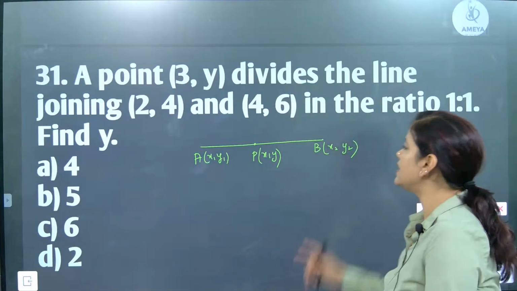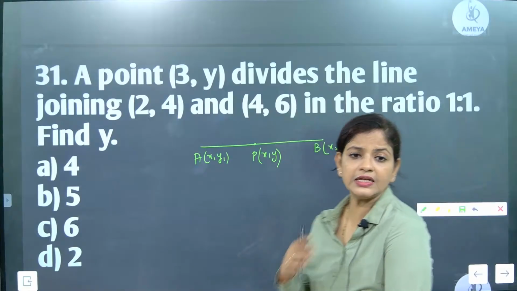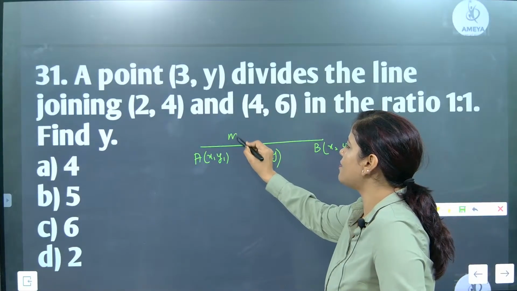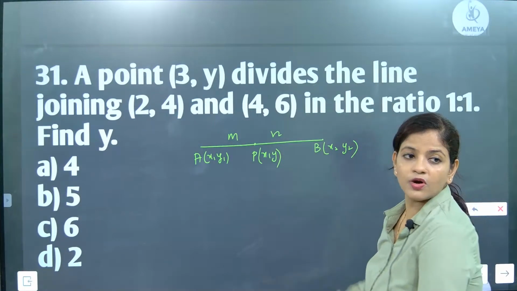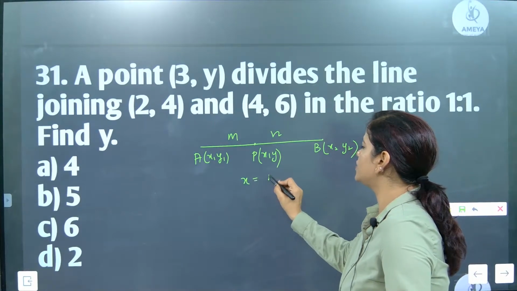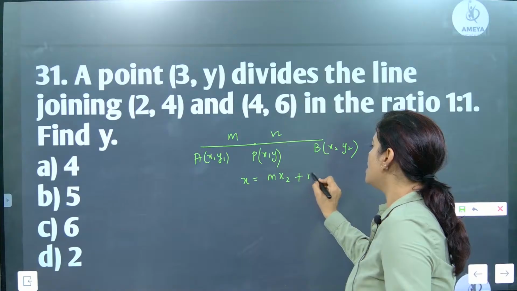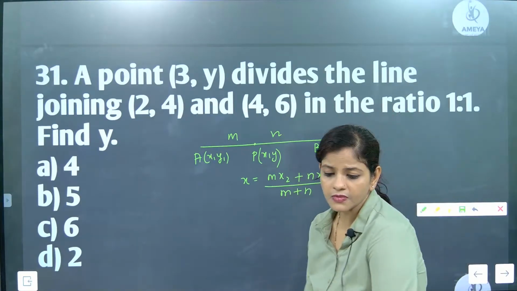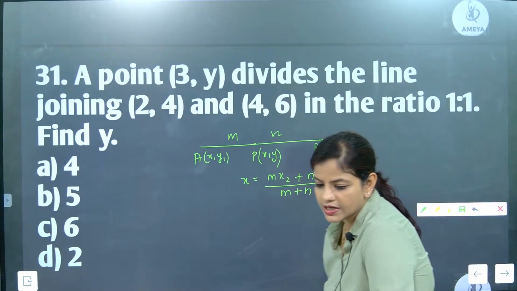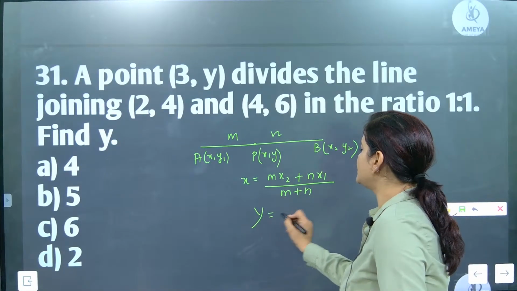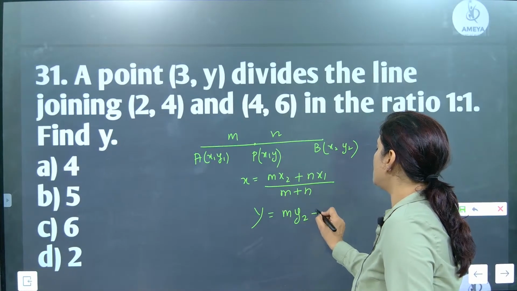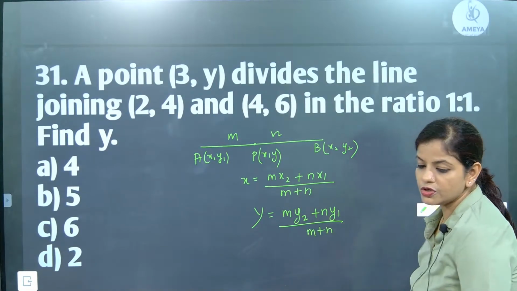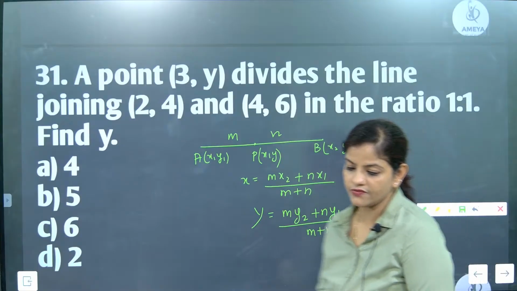The ratio does not remain the same, so we have given it as m and n. The formula is: x equals mx2 plus nx1 by m plus n. The second one is y equals my2 plus ny1 by m plus n. Understood? So this is how to find x and y.